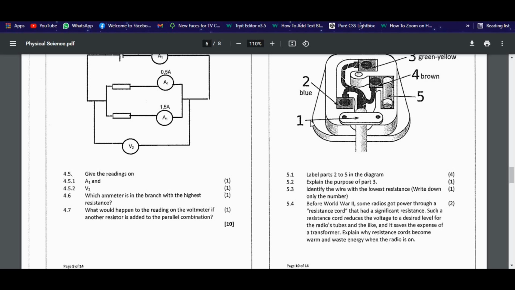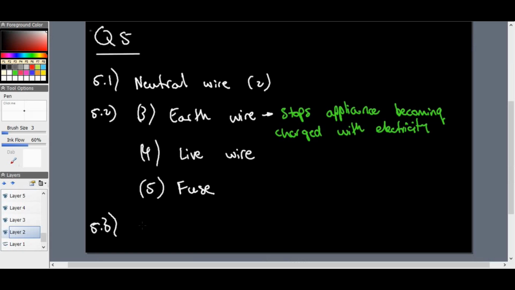Number 3, which is, of course, the earth leakage. It has the lowest resistance. In fact, it is almost zero. The reason why it has to be almost zero is so that if a stray electron appears, it can be easily absorbed, detected and discharged.